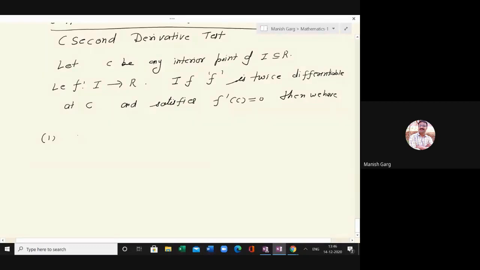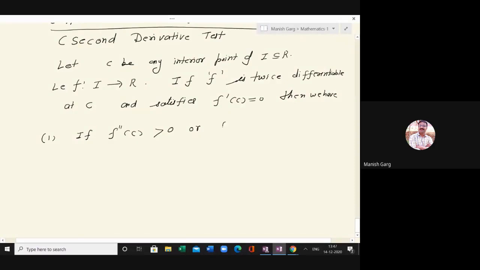Then, if f double dash c, because this is differentiable, f double dash c is greater than 0, or you can say in some books we write f double dash c is equal to 0. Greater than 0 means local minima.